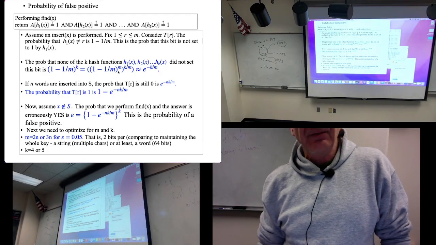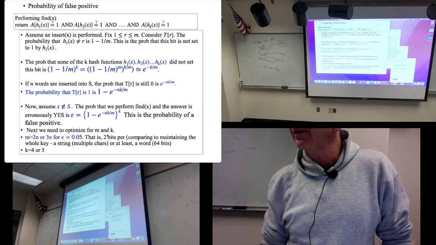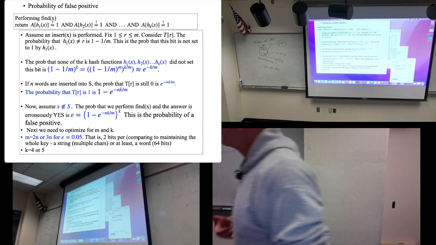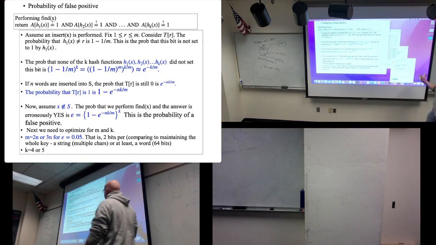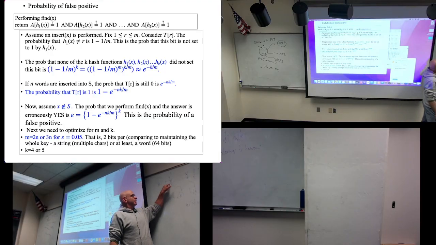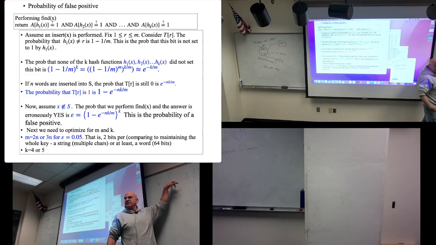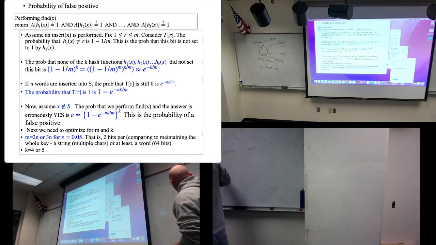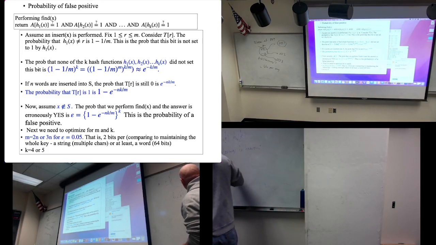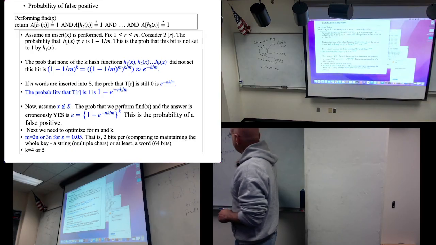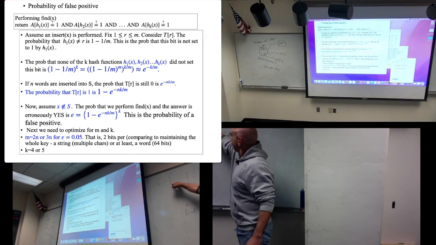OK, I played a bit with the math, but to the level that I didn't develop everything here. I just started to hint at the basic idea that works over there. There is a good chance, not a bad chance, that whatever I'm looking for is 1. Well, how come it's 1? Let me restart. I'm doing find of Stairway to Heaven in all my functions. I'm checking the first bit of the Bloom filter.